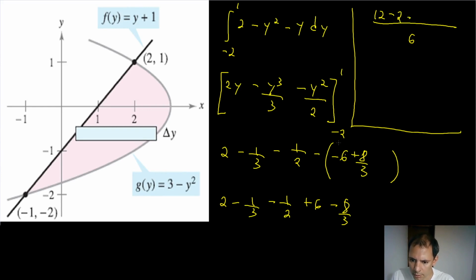I put a minus 6 divided by 2, 3 times 1, 3. And now I'm going to put a plus 6 divided by 1, 6 times 6, 36. And minus 6 divided by 3, 2 times 8, 16. So this is going to be 20. 20 minus 3, 17. 17 minus 2, 15. 15 plus 12, 27 over 6.